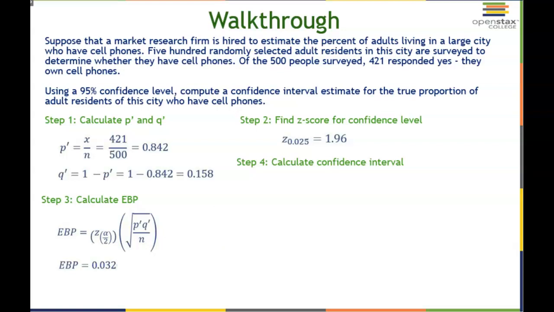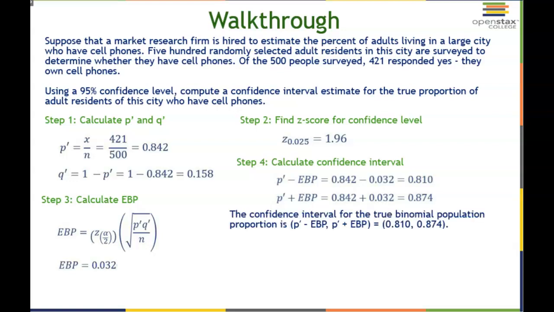Fourth step, let's calculate our confidence interval. P prime minus our error and P prime plus our error. P prime minus our error would be 0.842 minus 0.032, giving us 0.810. And P prime plus our error is 0.842 plus 0.032, and we get 0.874.